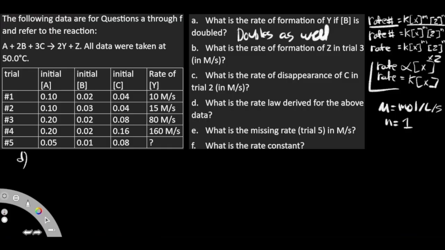So we're going to put our rate 4 on the top, so we'll have 160 moles per liter per second, divided by our 80 moles per liter per second, and this is going to equal our slope over here. Nothing changes. Our first concentration for trial 4 is going to be 0.20. This is also going to be 0.20.